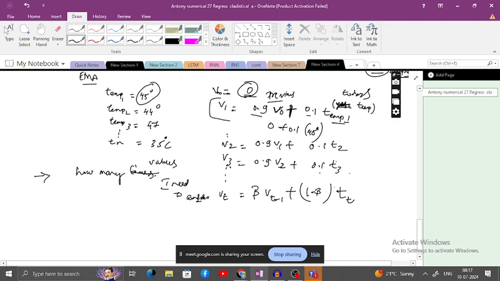Okay, that's fine. So for now, let us say beta is equal to 0.9. You have the term called beta. Similarly, if beta is equal to 0.5, there are two cases here.